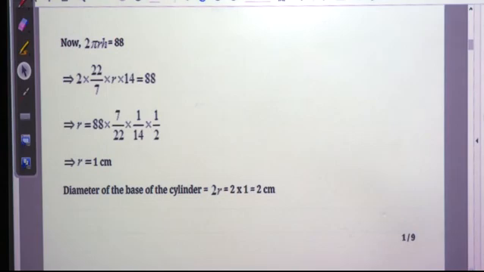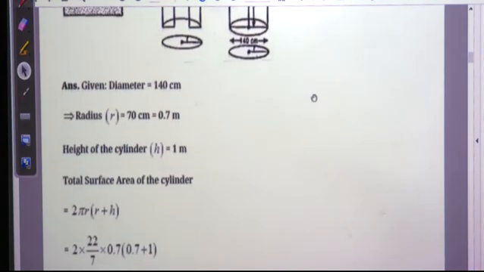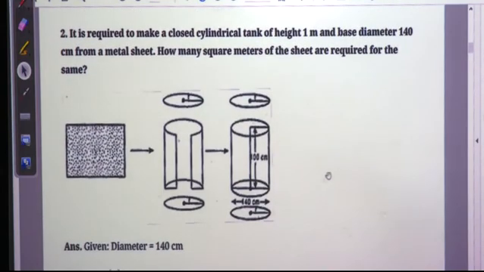Proceeding further for the solution, here you can see the figures that are present here. The metal sheet is coming in rectangular form and we are going to prepare a cylindrical tank from it. I hope you are understanding.